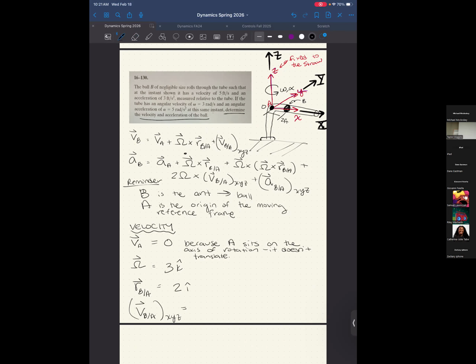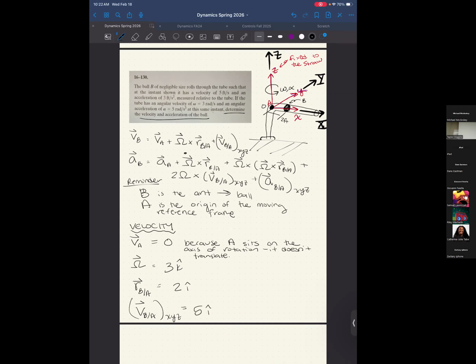This is the velocity of B relative to A as viewed from the rotating reference frame, little x, little y, little z. So it is the very simplified form of the motion of B. It's only that simple if you are observing from the moving reference frame. If you're observing from the inertial frame, the big frame, the motion gets really complicated. But for the little frame, I'm just moving in 5 I.